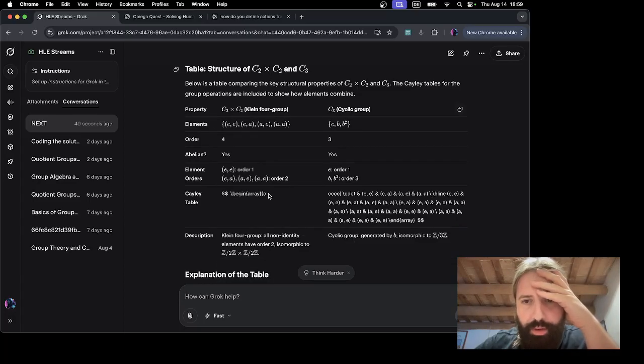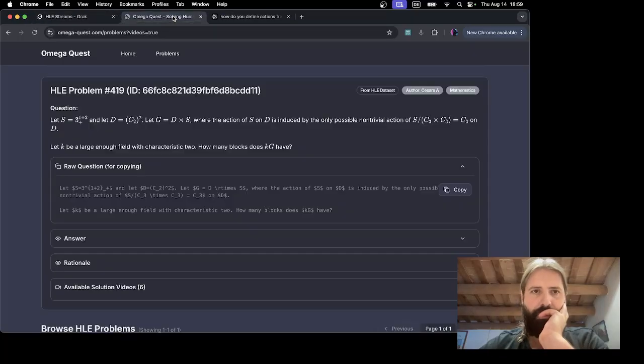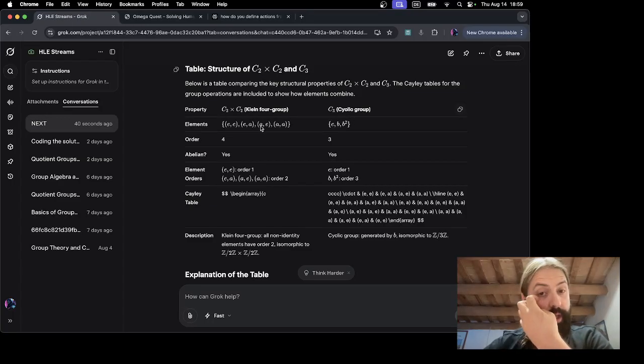Okay, so here you have the table. Element orders, abelian, yes, order 3 or 4. On D, right? So it's a mapping from C3 to C2 squared. Do you have to map something to the same element twice?